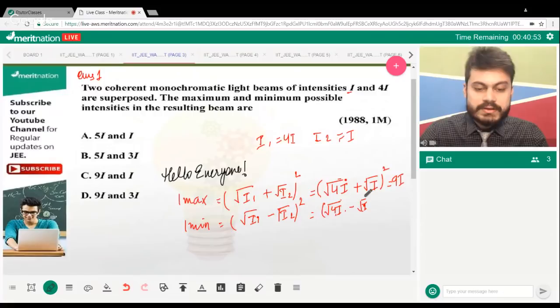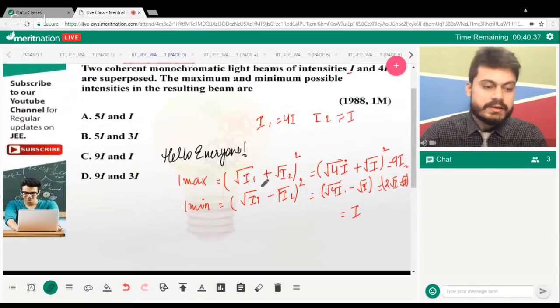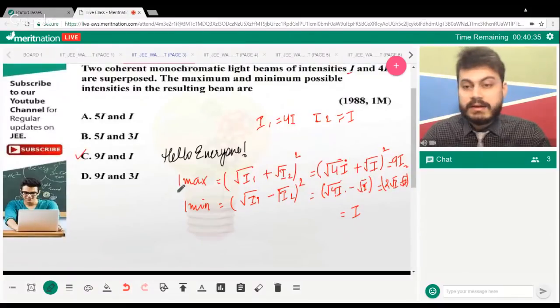Just give me a few seconds. So it will become (2 root I minus root I) whole square, which is going to become I. So maximum and minimum I can see is 9i and I.